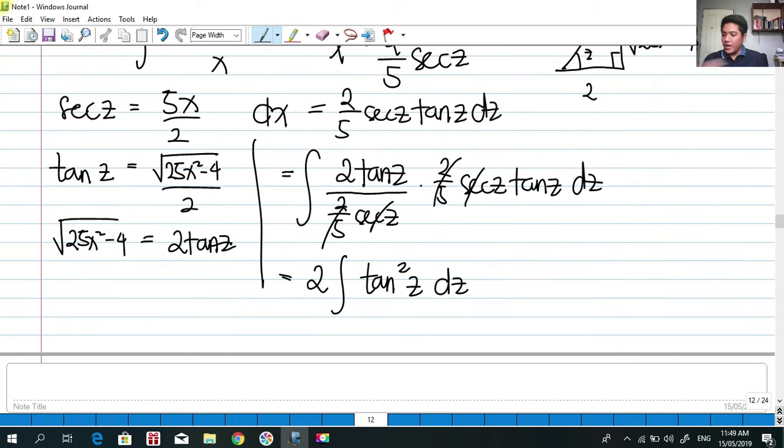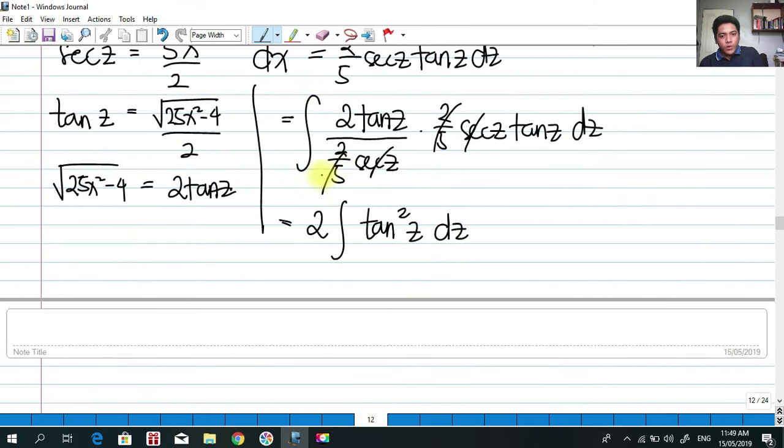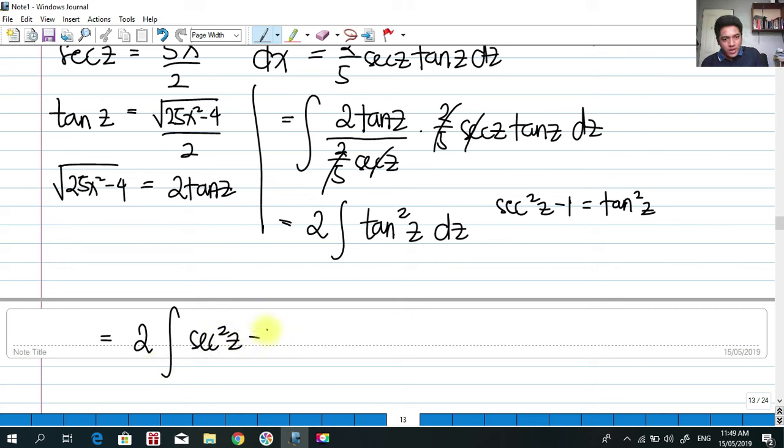So we can actually transform this tangent squared z using secant squared z minus 1 equals tangent squared z, for us to integrate this. So we have 2 integral of secant squared z minus 1 times dz.